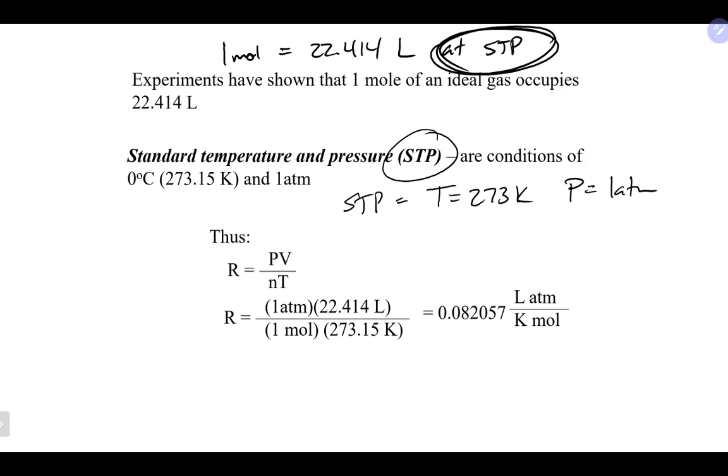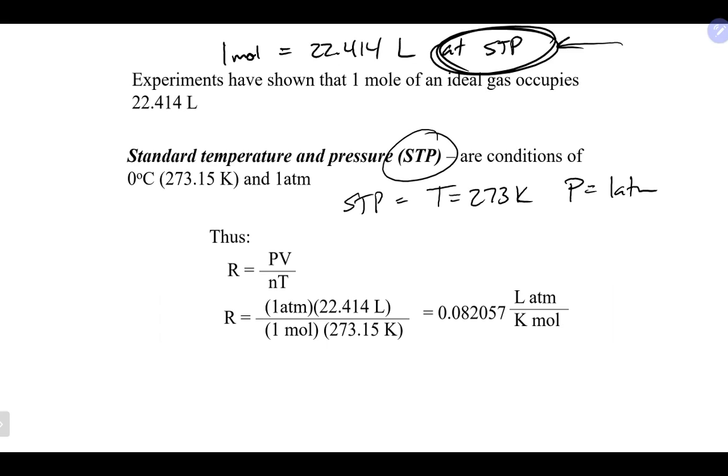The reason you might want to use it is that you can avoid the ideal gas law, but it definitely has to be at STP conditions. If it is not STP conditions, you should not be using that conversion factor at all. It is only under those specific conditions that you can do that.